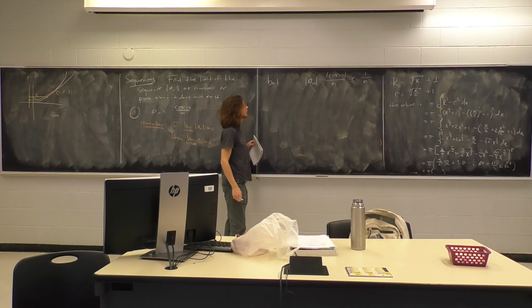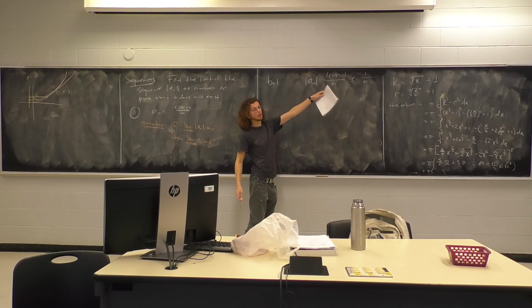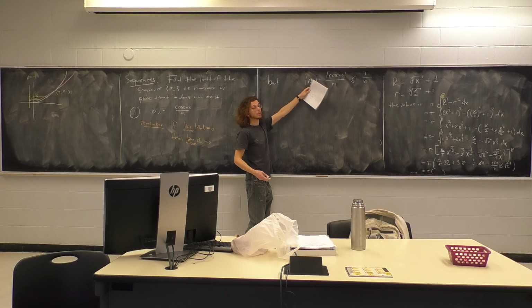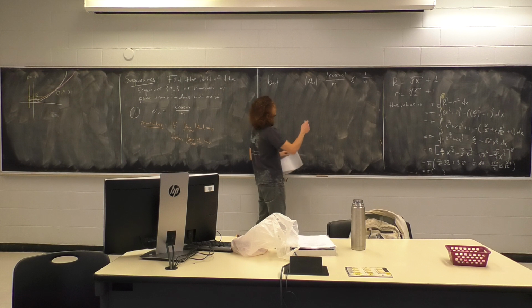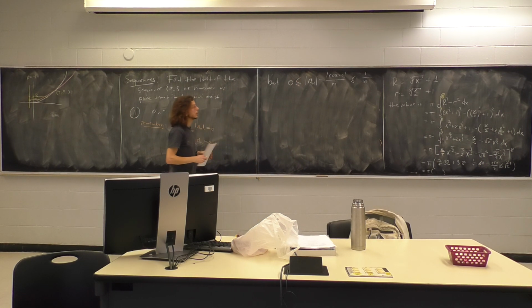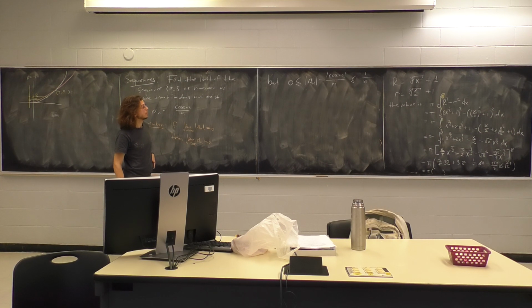Now we want to use the squeeze theorem. We want to bound an from above by something that goes to 0. But to show that the limit of an itself also goes to 0, we need to bound it from below as well. In this case, there's a very easy bound. The absolute value of something is always bigger than or equal to 0.